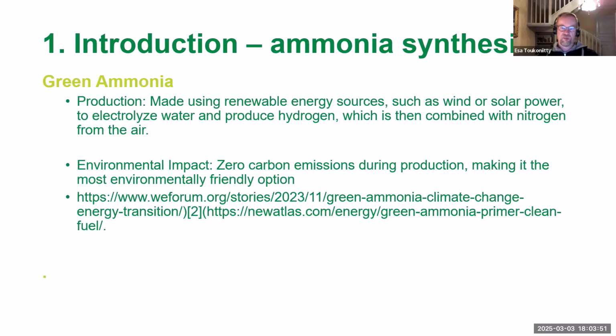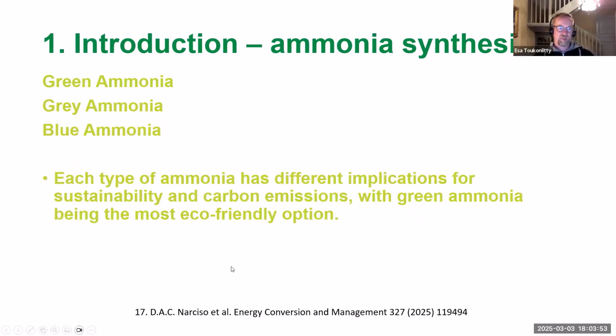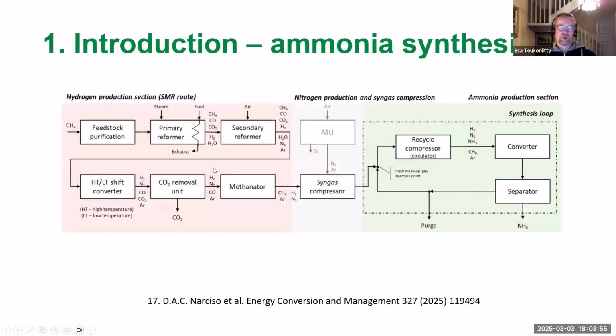The traditional ammonia production, for example, emits quite a lot of CO2. It's not really clearly visible here, but the ammonia synthesis is an endothermic reaction. It means that you need to produce heat for that chemical reaction to happen, or it absorbs heat while the chemical conversion proceeds.